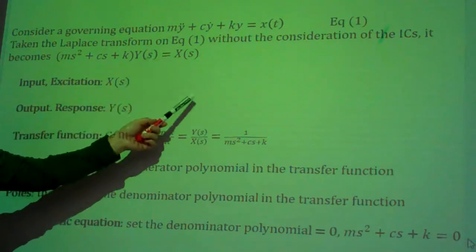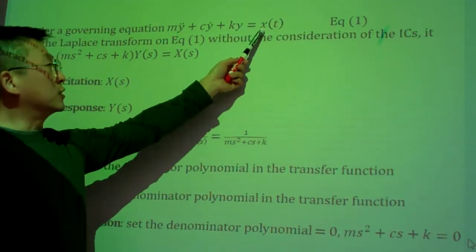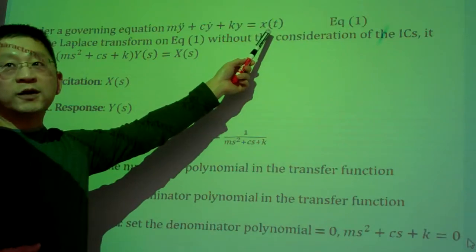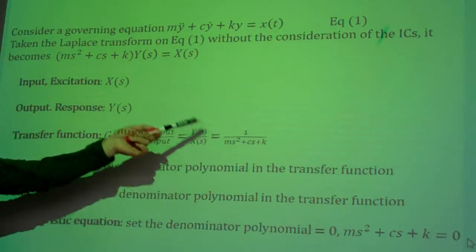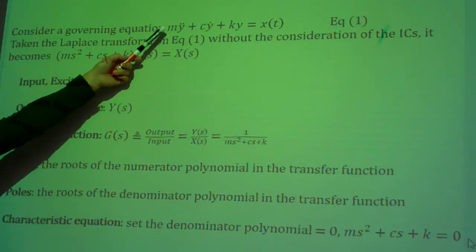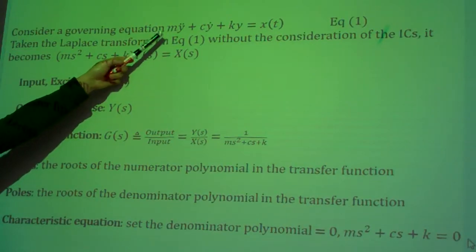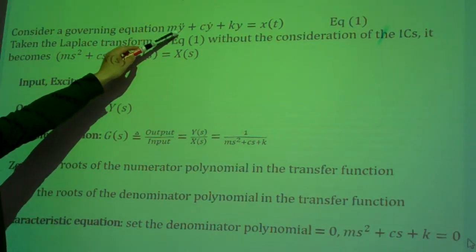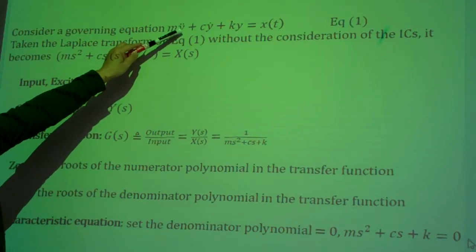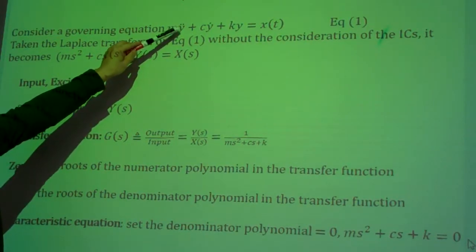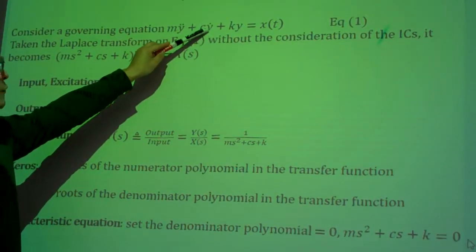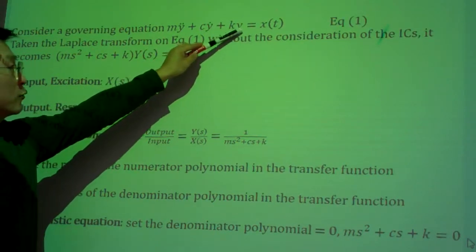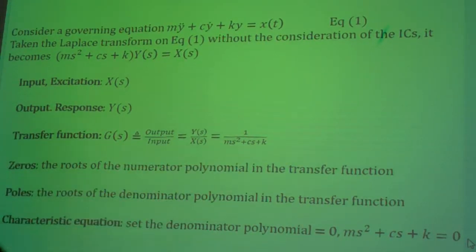So response is output, and subject to the applied loading, the loading is input. In this way, if we take the Laplace transform, and from the skills we took last time, we replace the double derivative with s squared, the first derivative with s, and this one with the constant. So basically we have this kind of relation.